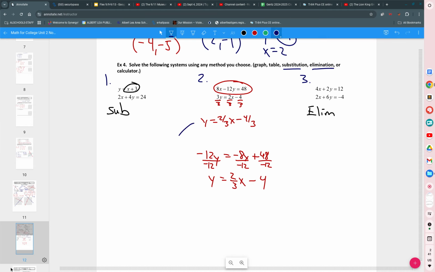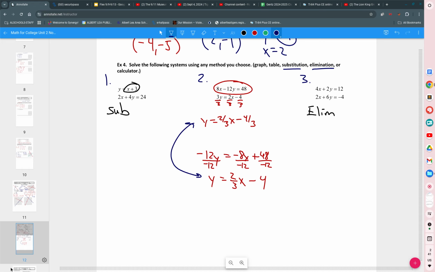What do you guys notice about those two lines? It's from yesterday. They are parallel, aren't they? One has a slope of 2/3. This one has a slope of 2/3. But they have different y-intercepts.